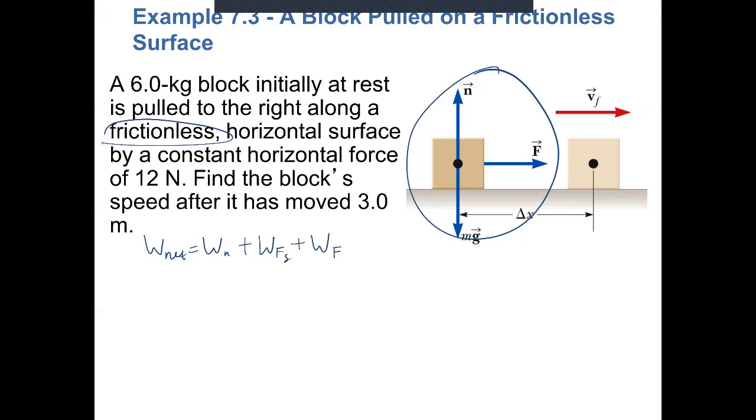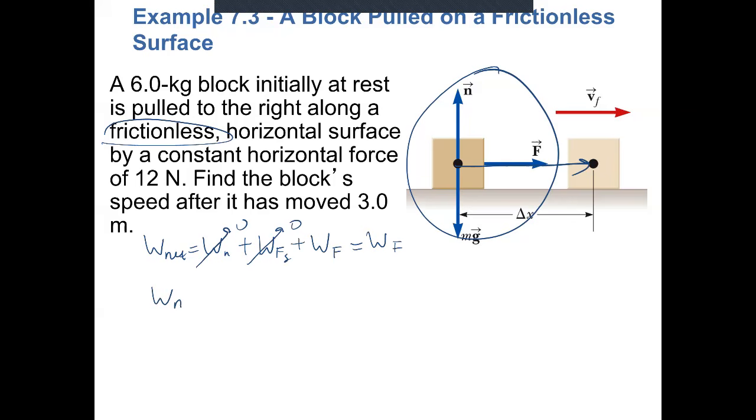You can write the work done by each force, but you can recognize directly, if you remember, that the normal force is perpendicular to the displacement, so it does no work. Gravity is perpendicular to the displacement, so it does no work. That means the only work done is due to the push force.